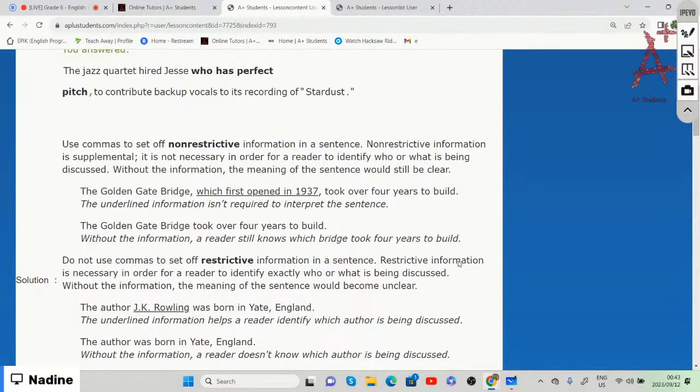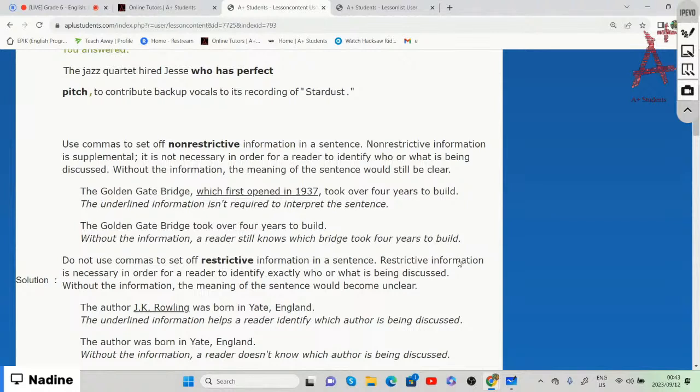And we made an example of the Golden Gate Bridge, and then we underlined which first opened in 1937, took over 4 years to build. So the underlined information is basically just added information, right? It is not even necessary at all.